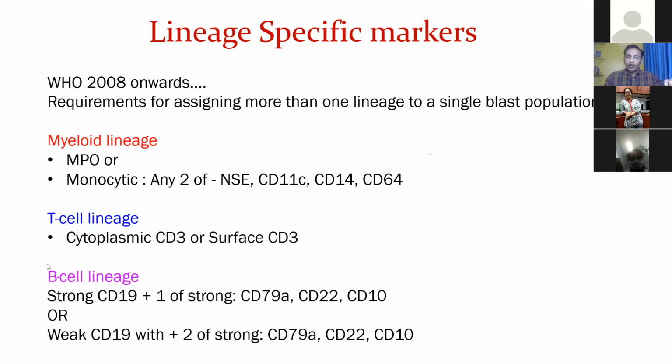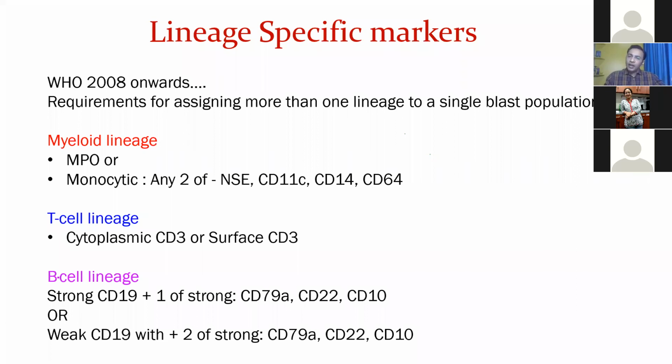In cytochemistry, we use non-specific esterase or specific esterases. By flow cytometry, we use markers like CD11c, CD14, CD64, or CD36. If two or more of these markers are present, we confirm monocytic lineage.